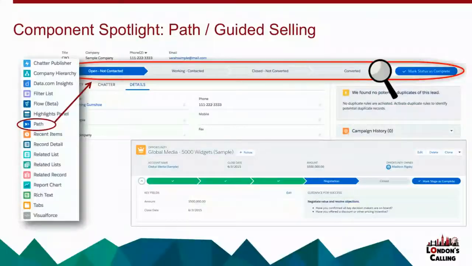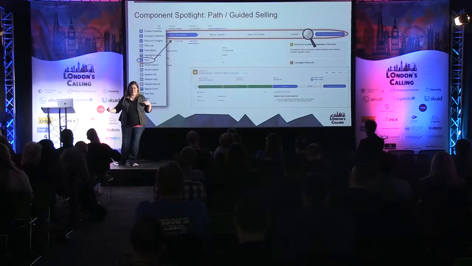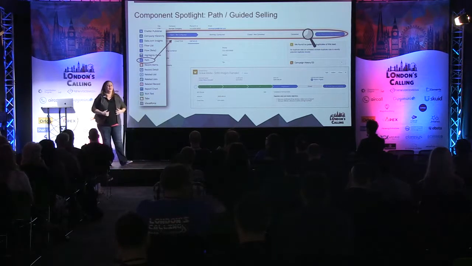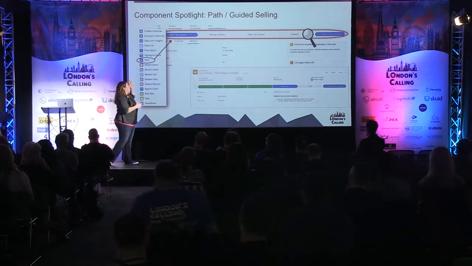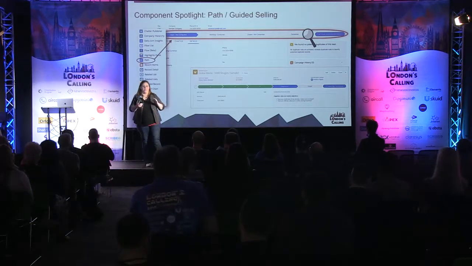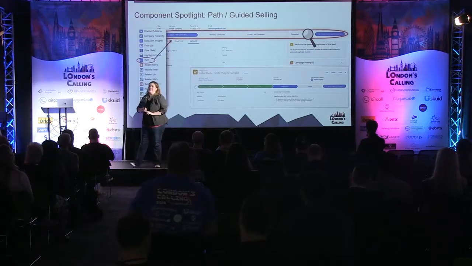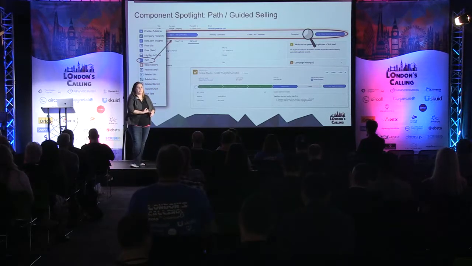So I mentioned Path. This is probably one of my favorite components because how many of you have built this as an image formula in the past? Just me. Yeah, one in the back, love it. So the idea of the visual of moving through, whether it's lead status, case status, or of course your opportunity stage, right?